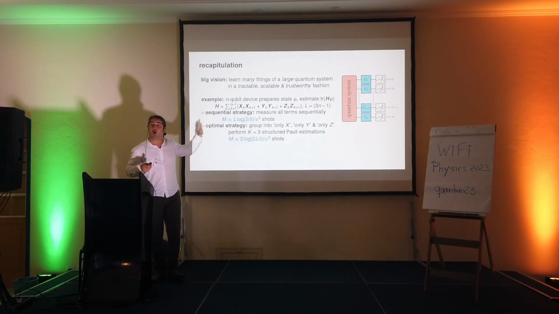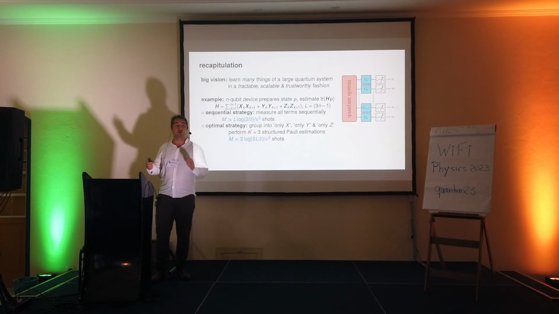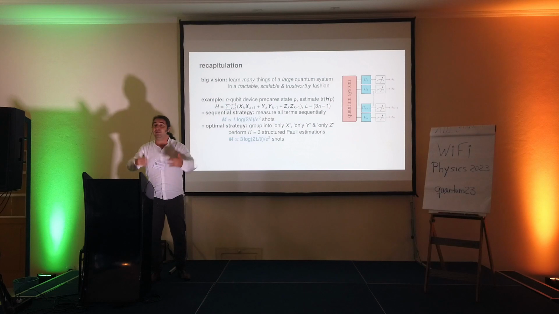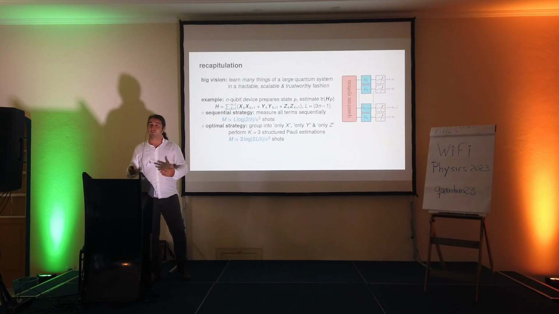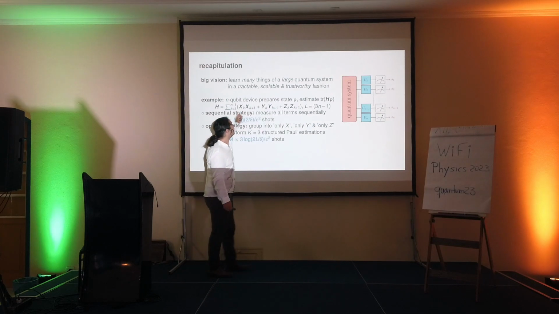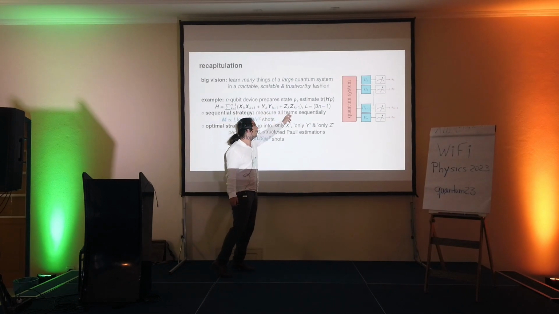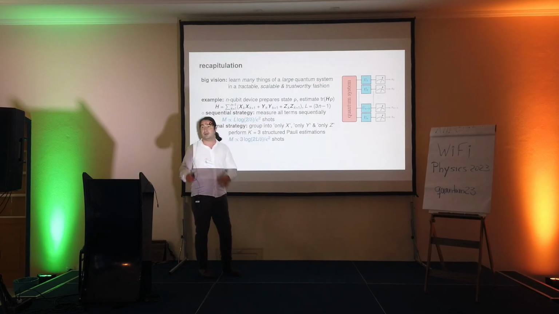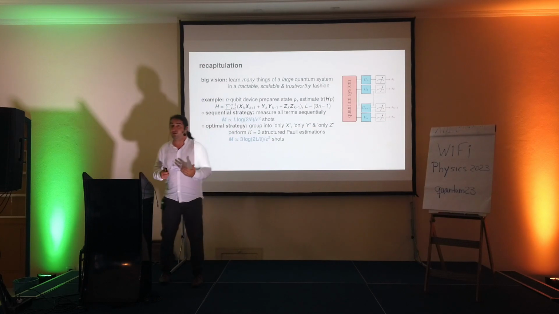So in this case, the optimal grouping problem, group your observables into collections that you can jointly measure, is very easy. And you can group them into, well, 3 groups. One where we only do x measurements, one where we do only y measurements, and one where we do only z measurements. And if we do that, that's really the optimal solution.